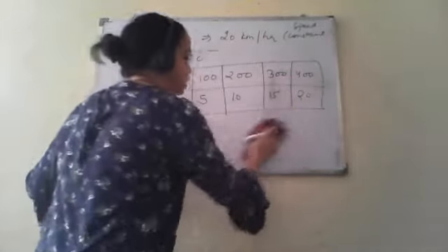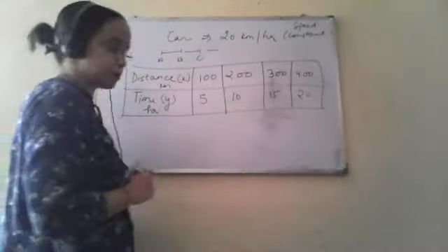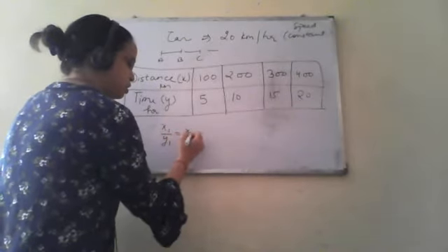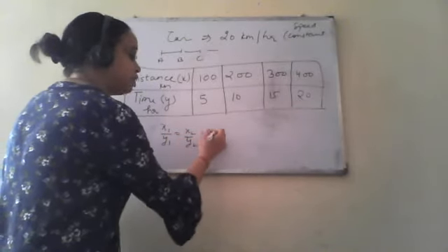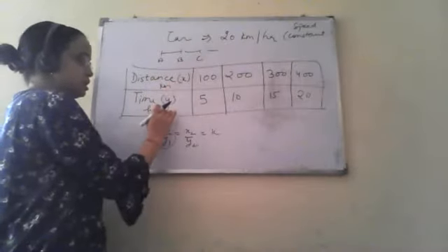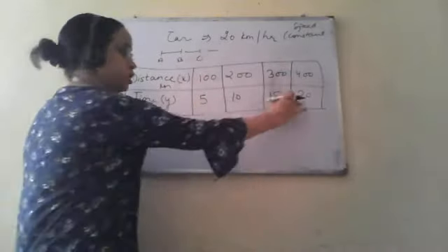Now what we have to see, as I told you, in case of direct variation or direct proportion, the ratio x1 upon y1 equals x2 upon y2, and it will not change. This ratio will not change. Now see, these are x and these are y, the corresponding values of y.